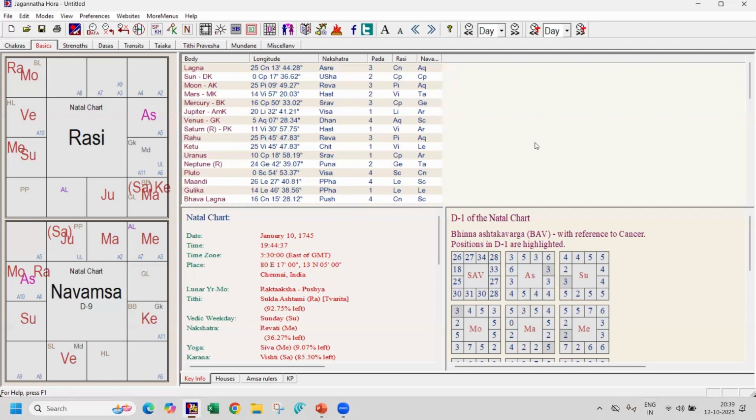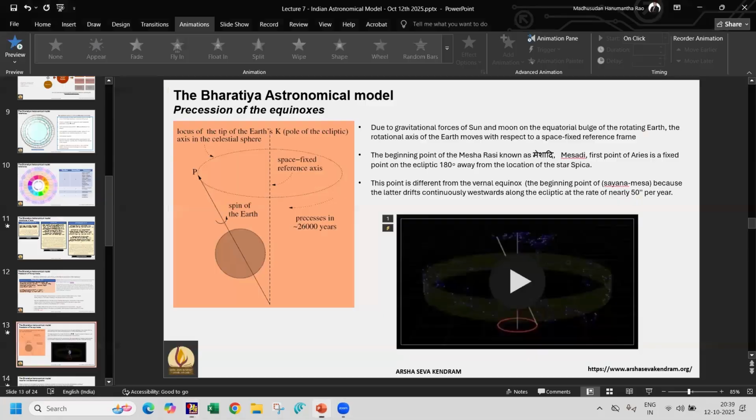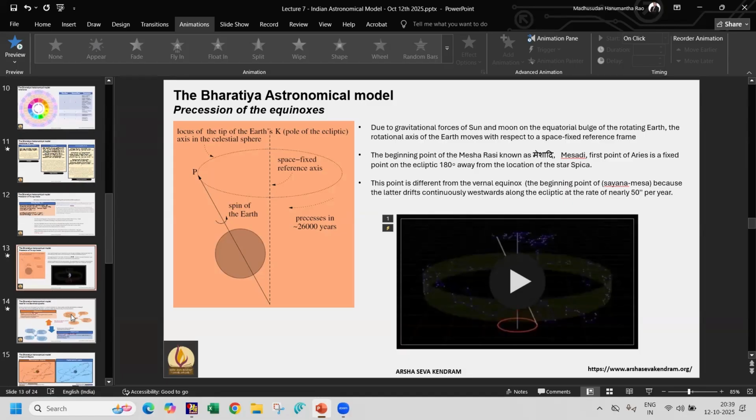And from most astronomical models, we know that winter solstice is 21st, 22nd December or so. So I think it will be useful to know at what time the winter solstice and Makar Sankranti actually merged together. Yes, it's a very interesting problem, Ajay.